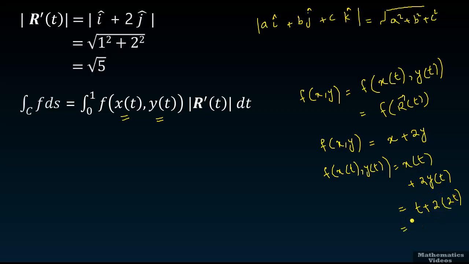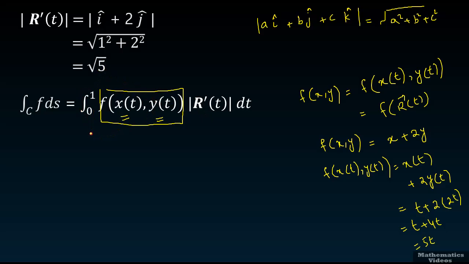So it means t plus 4t, which is further equal to 5t. So f of x of t and y of t is just equal to 5 times t, and we will put this at this position. Then we will put the value of the magnitude of r prime of t, which is equal to square root 5. Furthermore, the variation of t is from 0 to 1.